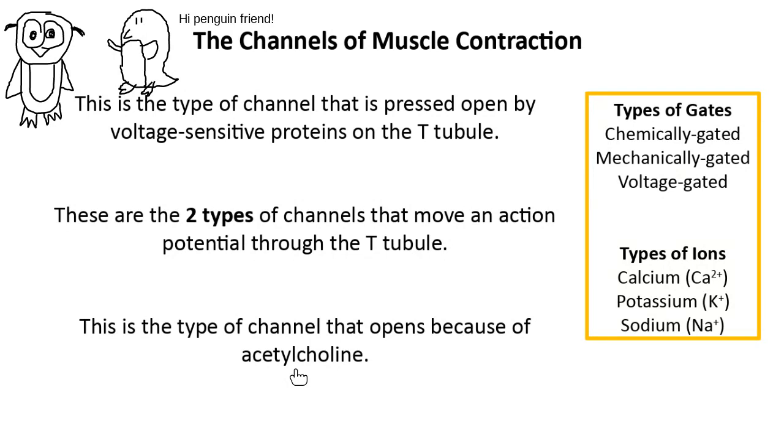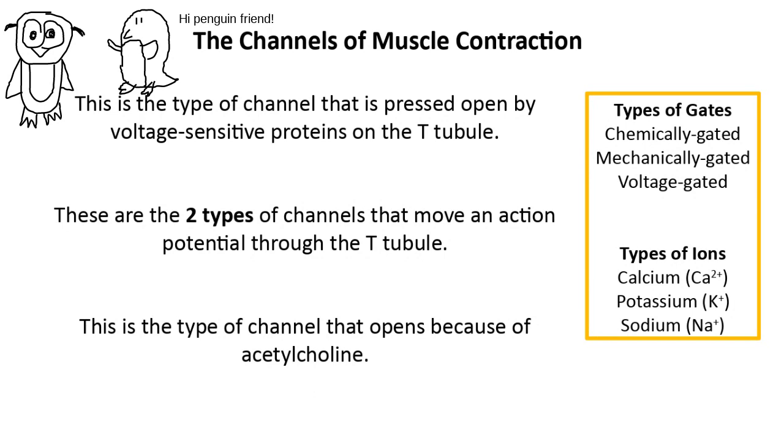When we talk about on the muscle, the kind of channel that's going to open because of this acetylcholine message from a neuron, what did we say was the specific kind of channel that opens up at the very beginning of excitation, contraction, coupling when we first attach to that acetylcholine? Yeah, exactly right.